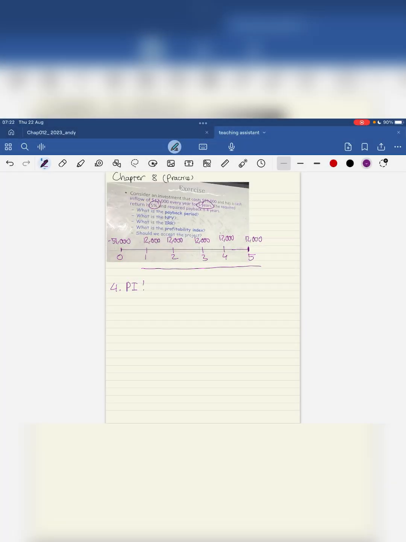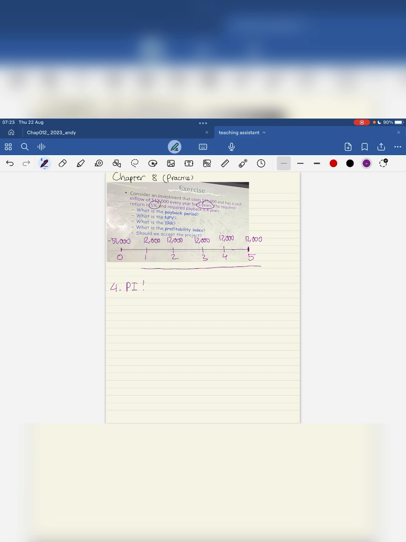We are now being asked to calculate the profitability index. Just a reminder, the profitability index is equal to the sum of every future cash inflow discounted to the current time, divided by the absolute value of the initial investment, which is the cash outflow.